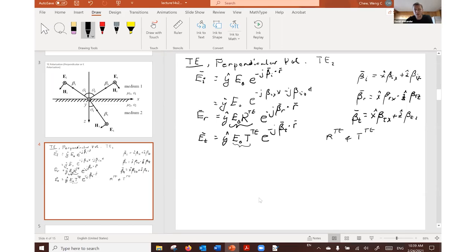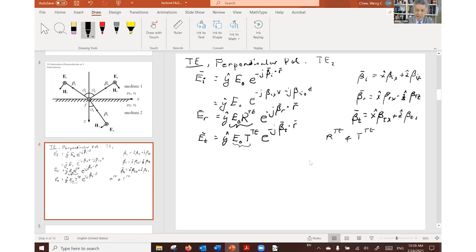The tangential part of the electric field should be continuous. Wonderful, yes. Tangential part of the electric field should be continuous, and the tangential component of the electric field is the Y component. If you think about the Y component, it is parallel to the surface, and hence these are all tangential components, and you can impose them to be continuous, okay?